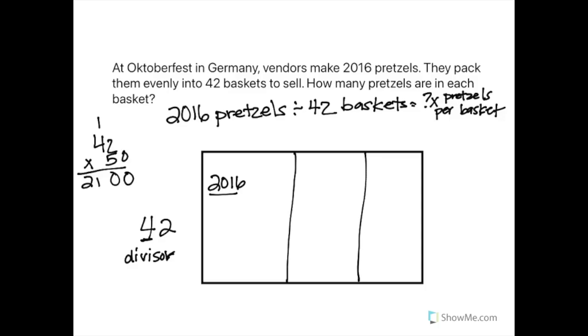And if I added a 0, that would be 50. That's too much. But it got me really close. So I'm going to do 42 times 4. 42 times 4 is 168. If I add that 0, that gets me close. So I'm going to put 40 up here. And I'm going to subtract 1,680.